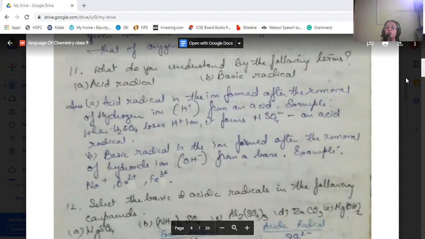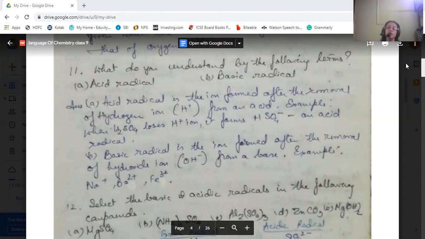So the ion which remains after the removal of the hydroxide ion from a base is the basic radical. And an acid radical is what remains if we remove the hydrogen ion from an acid.